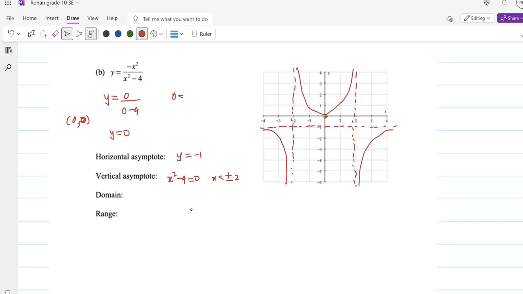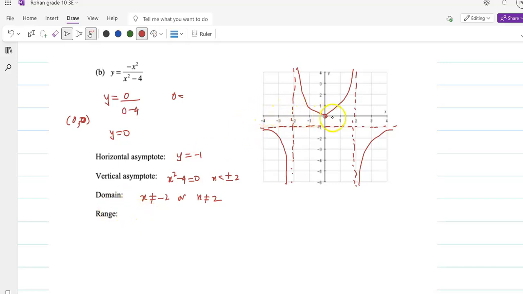So domain: x cannot be equal to -1. Domain: x cannot be equal to -2 or 2. I need the range, and I'm getting confused between the two. Y cannot be equal to -1. Domain is the x values.